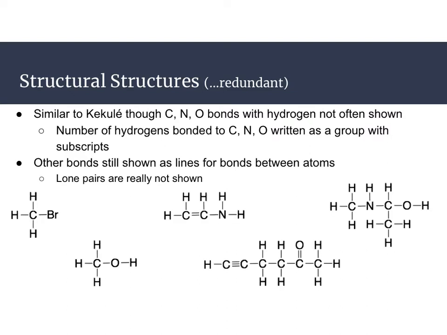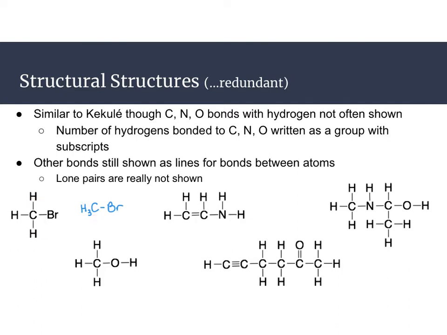So let's look at our 5 examples and how I would convert these into structural structures. So I'm going to leave this carbon and Br bond because that doesn't involve a hydrogen. But then instead of drawing all of these separate bonds from carbon to hydrogen, I'm just going to write H and then 3. And it's assumed that these 3 hydrogens are bonded to the carbon as they are in the structure here.